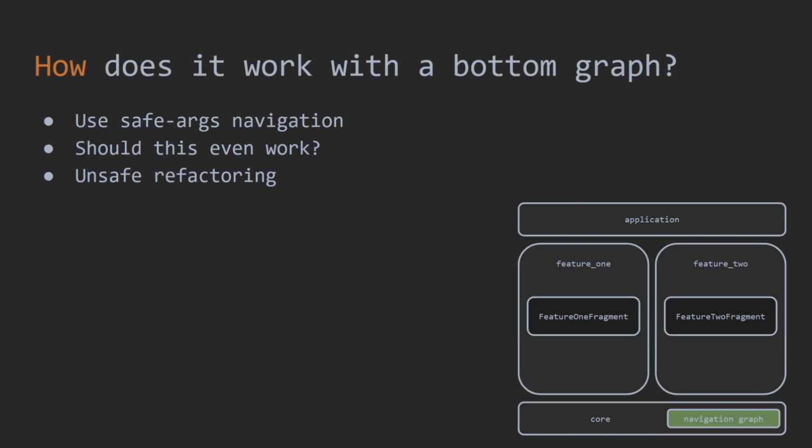It works, but it does feel like something that could be broken by a new version of the library in the future. This solution also brings up some concerns for me around refactoring as well. If you're moving files around in packages or renaming packages, you need to remember to manually update the navigation graph or you'll end up with runtime crashes.